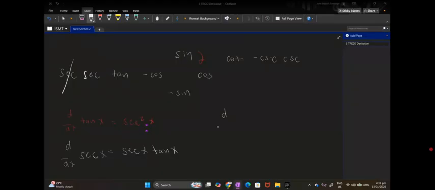Cross out cotangent. Ano matitira? Negative cosecant times cosecant. It's gonna be negative cosecant squared x.